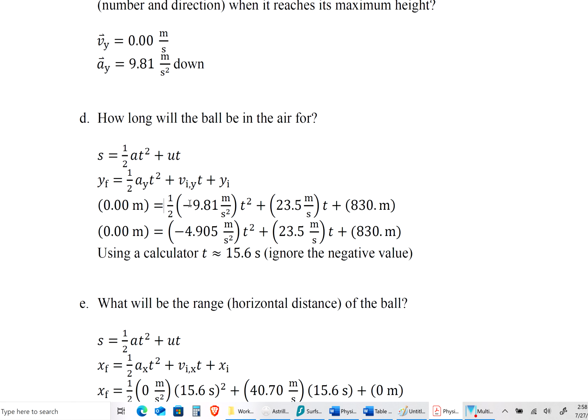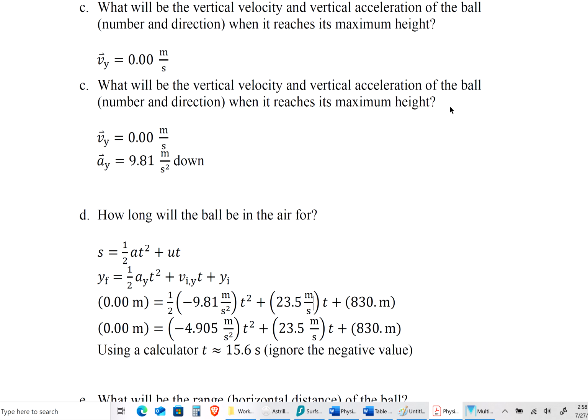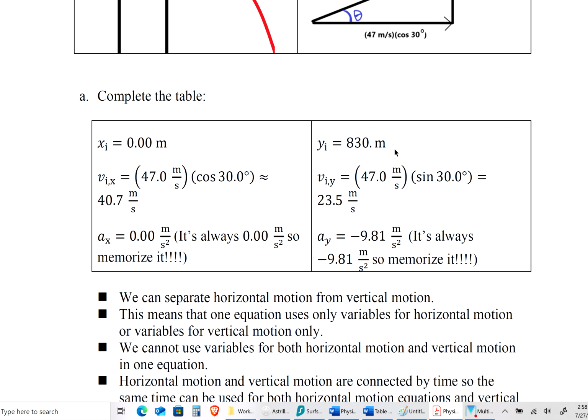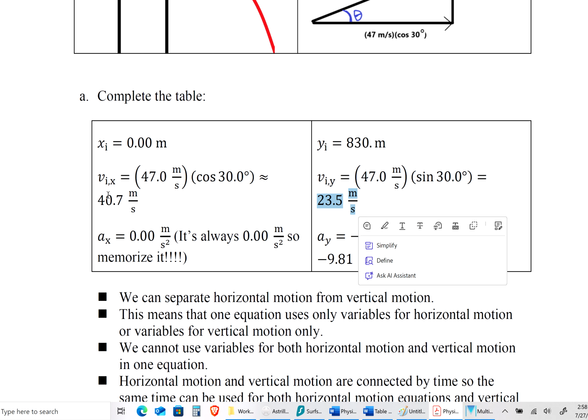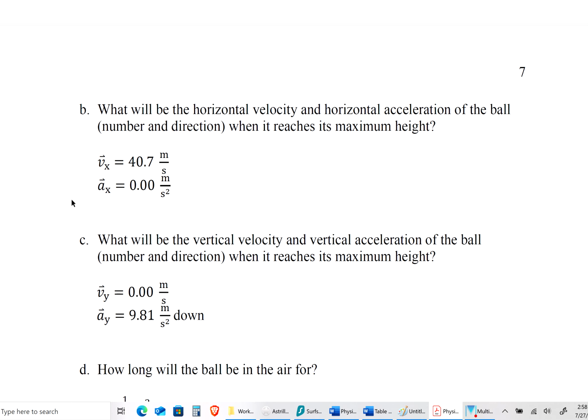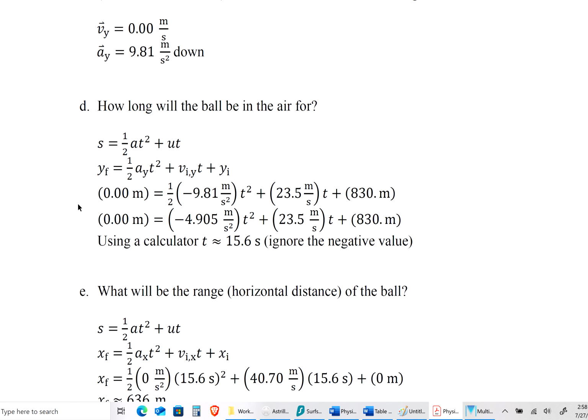A sub y is minus 9.81, v initial y is 23.5 meters per second. Where did we find 23.5 meters per second? We found it here. And we just solve for time.